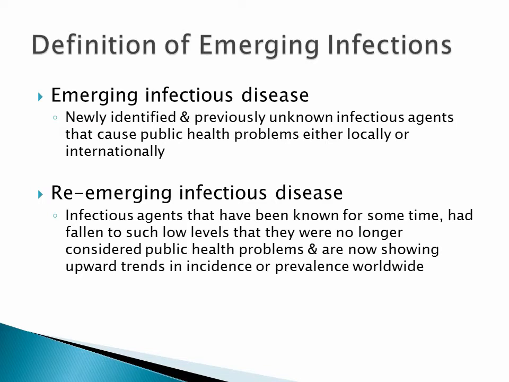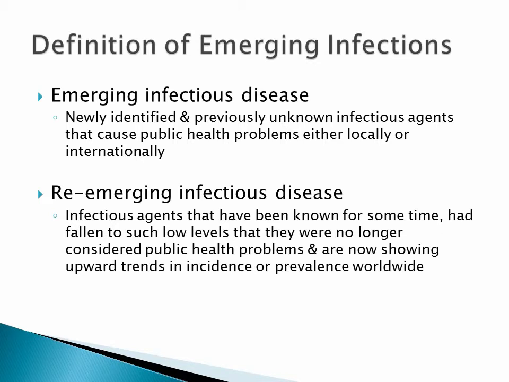Let's define the terms emerging infectious disease and re-emerging infectious disease. Emerging infectious disease is defined as newly identified and previously unknown infectious agents that cause public health problems either locally or internationally.